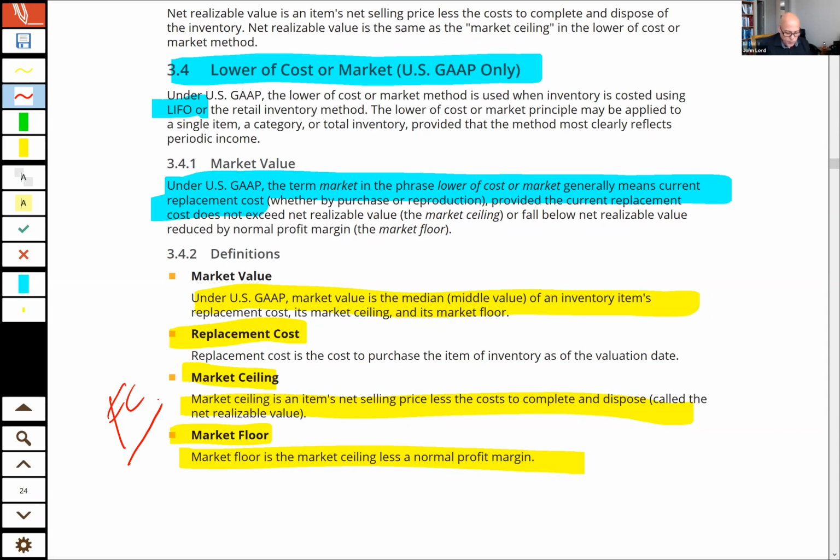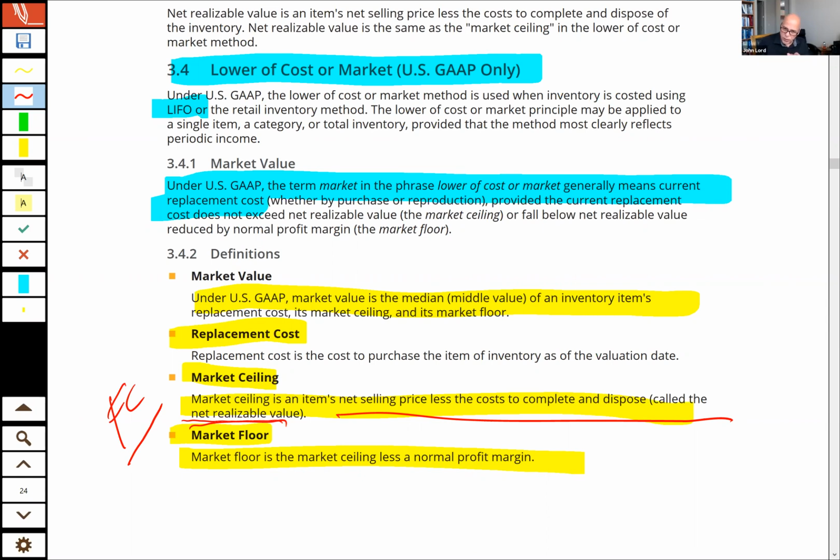Market ceiling is going to be the net selling price less cost to complete and sell. And we call that net realizable value. Okay, so you'll have to consider delivery costs. They say sometimes cost to dispose of. That's if you have to pay some delivery costs or something associated with that.